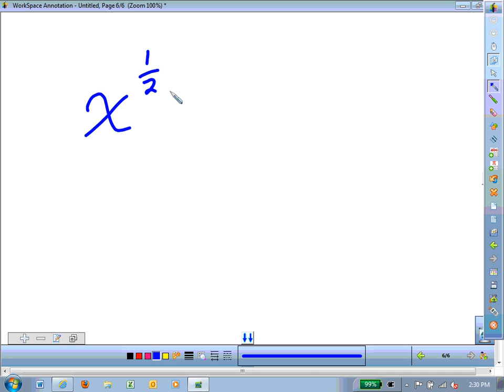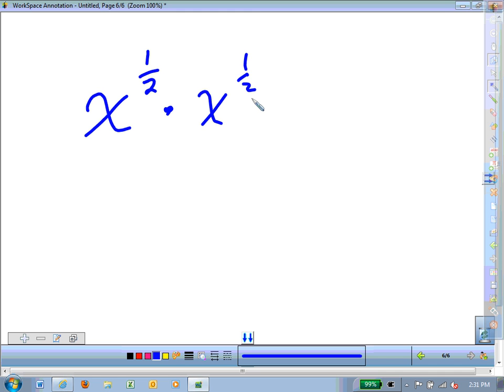So now count. Count half of the factors of x. That's what that would say, wouldn't it? So, well, if I have half of them, and I throw in another half of them, where do I end up?